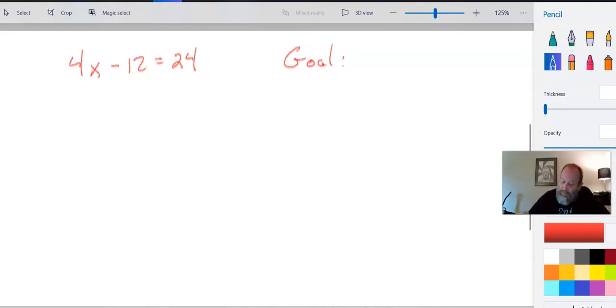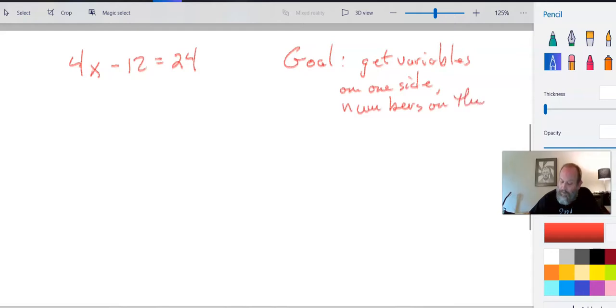Your goal is to get variables on one side, numbers on the other. Right? We want variables on one side, numbers on the other. So let's see how far we've gotten as far as that goal is.